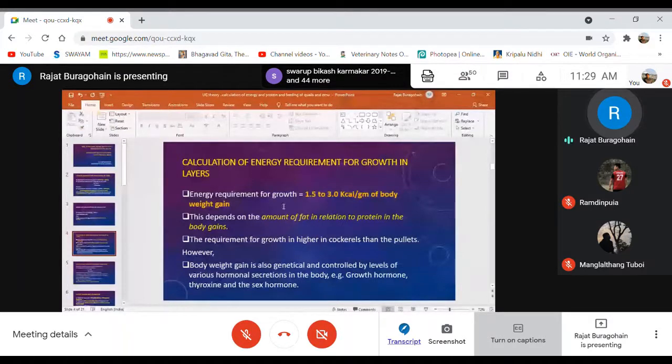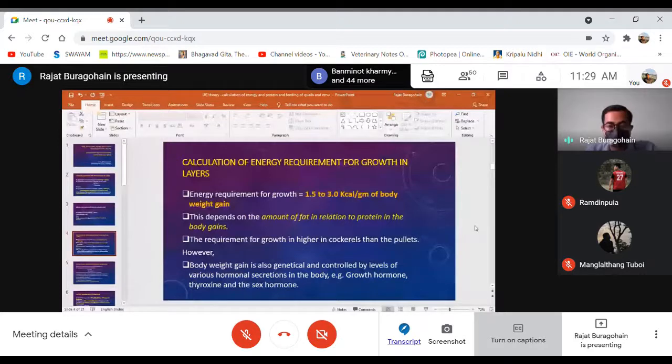Then the requirement for growth is higher in cockerels than the pullet, that means in male than the female. However, body weight gain is also genetically controlled and controlled by the level of various hormonal secretions in the body. It is growth hormone, thyroxine, and sex hormone. Of course, all of you know that growth rate of the broilers as well as layers depends on their strain.